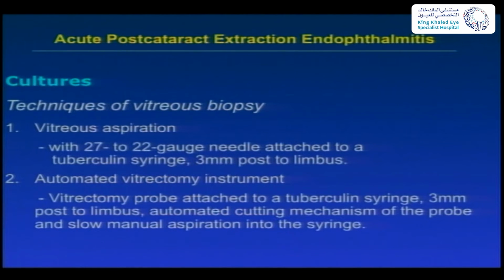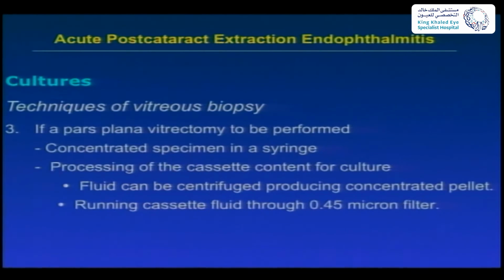We can do vitreous aspiration by inserting a needle 3 millimeters behind the limbus and aspirating some vitreous. Many people prefer to use a vitrectomy instrument to avoid traction on the vitreous. If you are going to do pars plana vitrectomy, we always do 2 techniques.